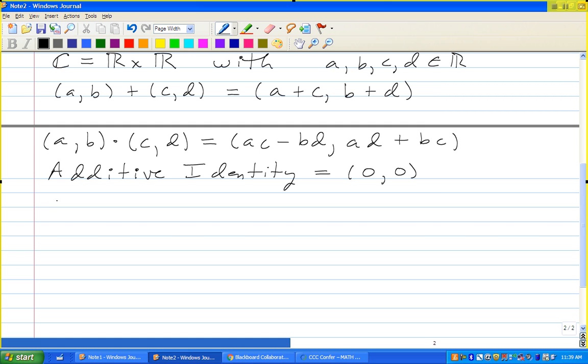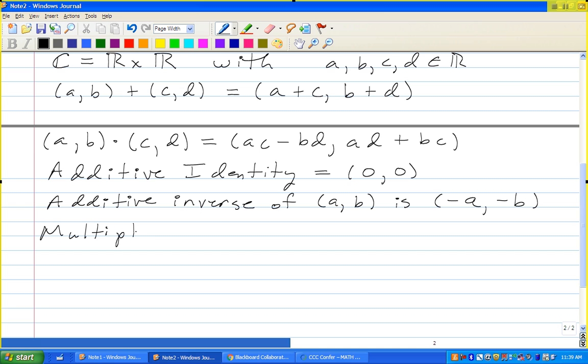The additive inverse of some complex number (a, b) is, well, (minus a, minus b). The multiplicative identity for this field of complex numbers is the ordered pair (1, 0).